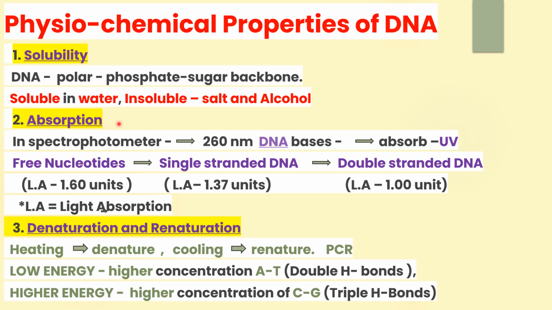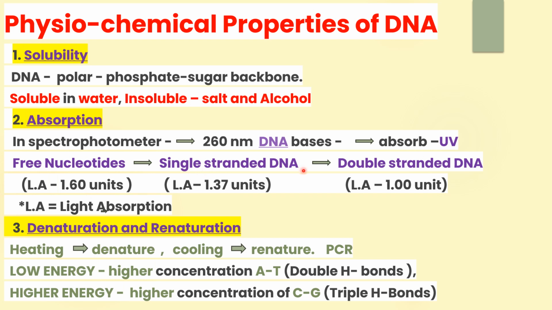Absorption. Absorption says that in a spectrophotometer, if you provide 260 nm of UV, the DNA absorbs it. DNA bases can absorb the UV light. How? For free nucleotides, the light absorption is maximum, like 1.60 units.